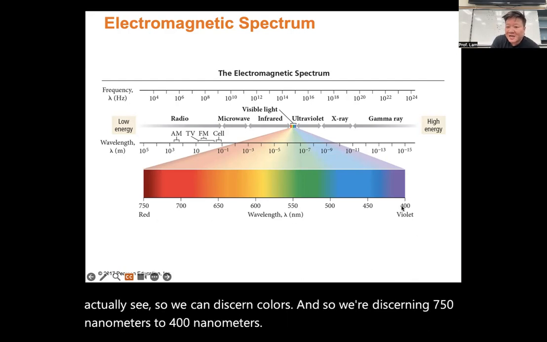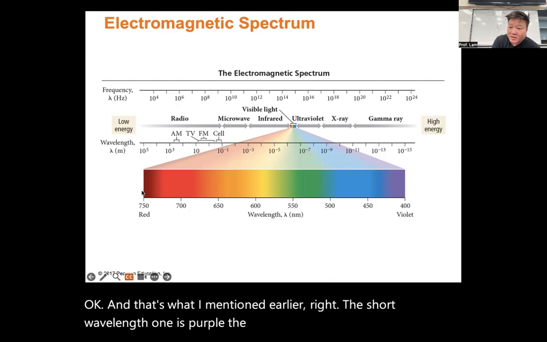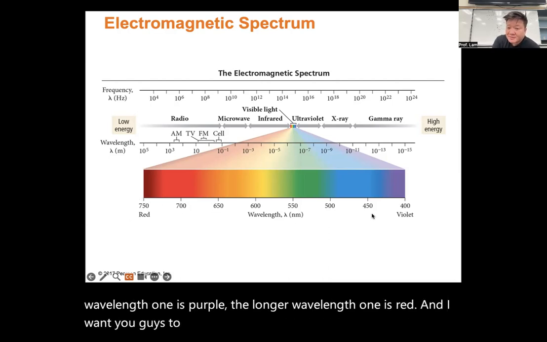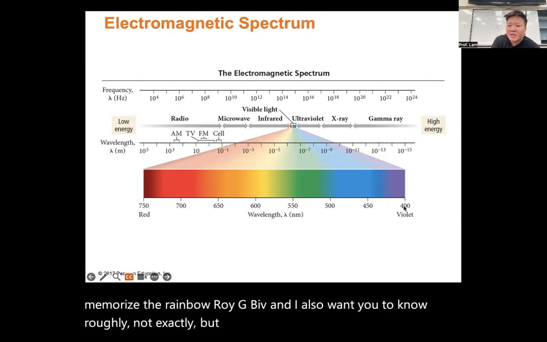That's what I mentioned earlier: the short wavelength one is purple, the longer wavelength one is red. And I want you to actually memorize this. I want you to memorize the rainbow, Roy G. Biv, and I also want you to know roughly, not exactly, what wavelength each color is.